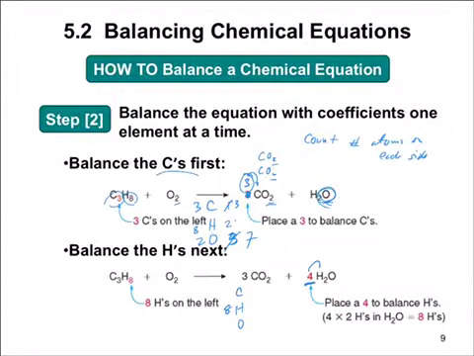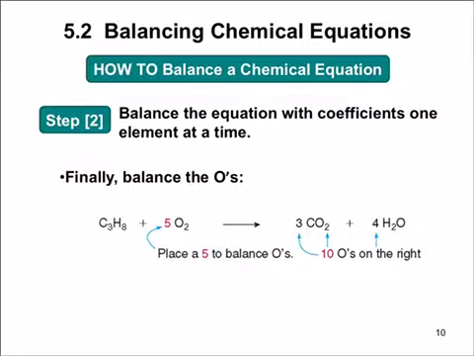That gives me 8 hydrogens. And now, how many oxygens do I have? I've got 3 times the 2 is 6, plus 4, that gives me 10 oxygens. So the next step is to finally balance the O's. If I place a 5 in front of the O2, that gives me 10 oxygens on each side.